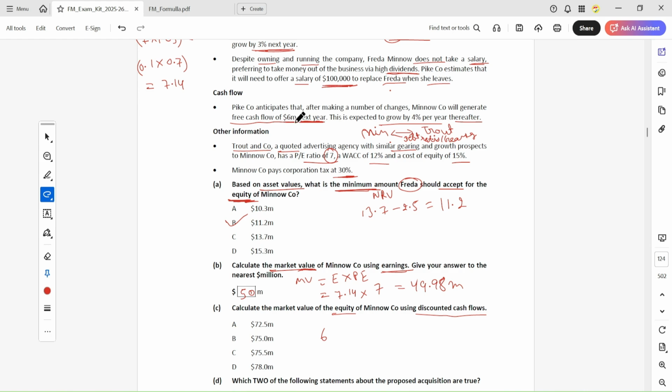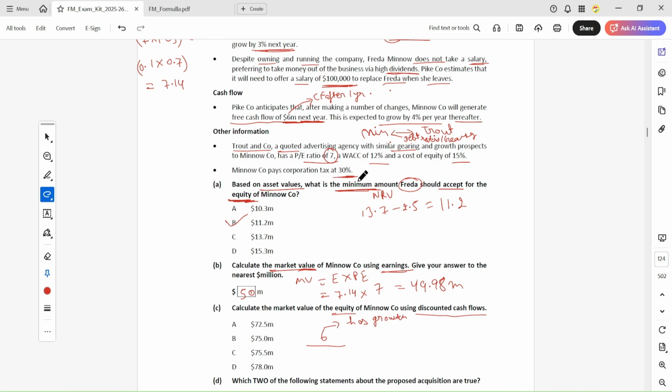So this is the cash flow after 1 year, and it has growth.